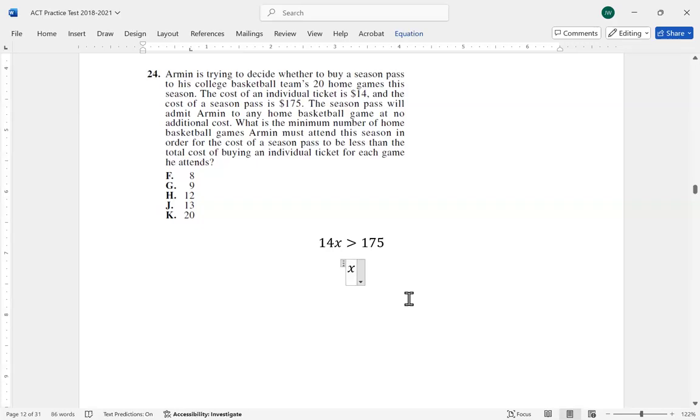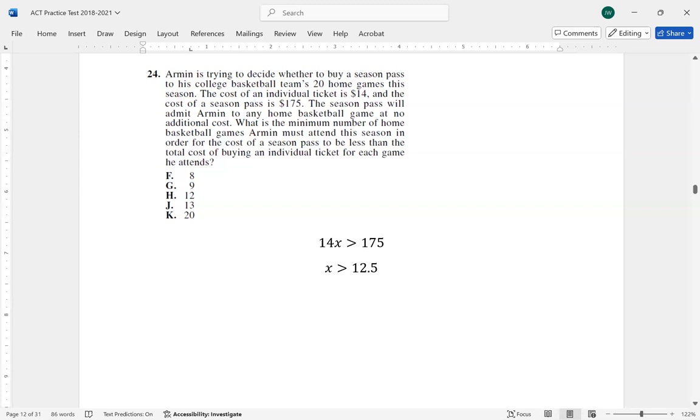Dividing both sides by 14 gives you x has to be greater than 12.5. And what that means is that if Armin attends 12 games, then it's going to be cheaper to buy individual tickets. If he attends 13 games or more, then the season pass will be better.